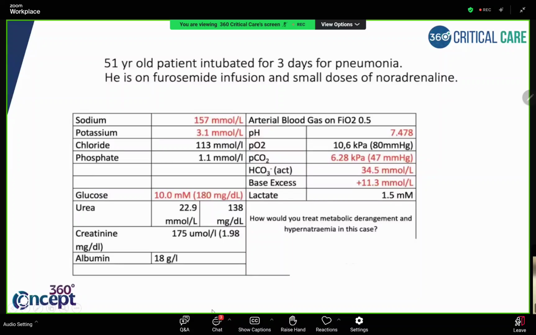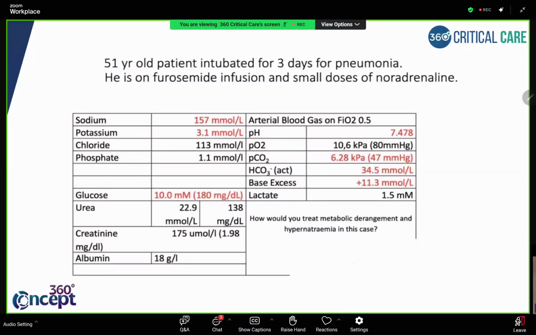Anyone could answer this question, but please stick to the vignette, as I said, and please be aware of time. This is a 51 years old patient intubated for 3 days with pneumonia. He is on furosemide infusion, and please, if any drug is mentioned in the vignette, be aware of it. And small doses of noradrenaline.